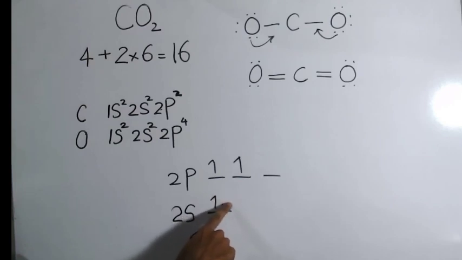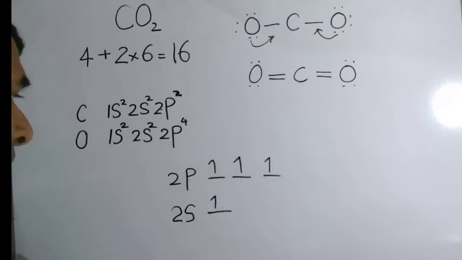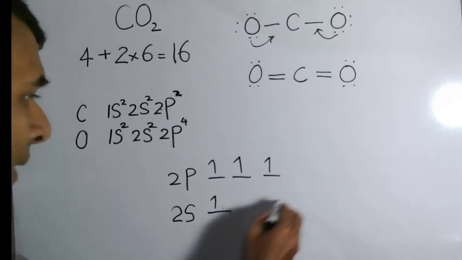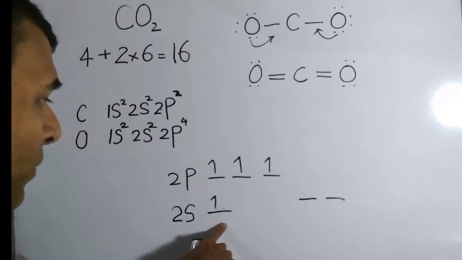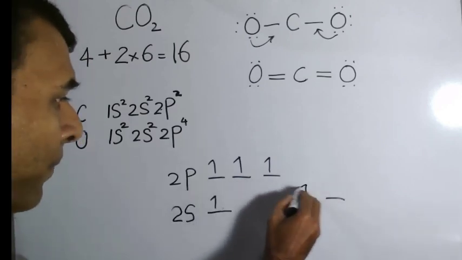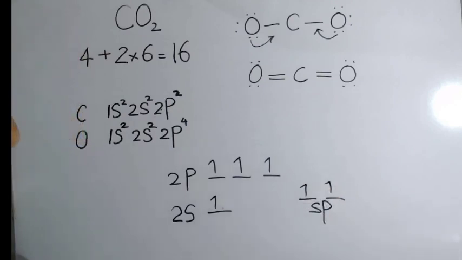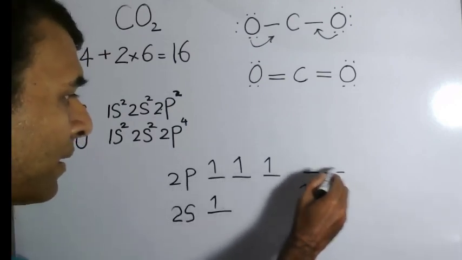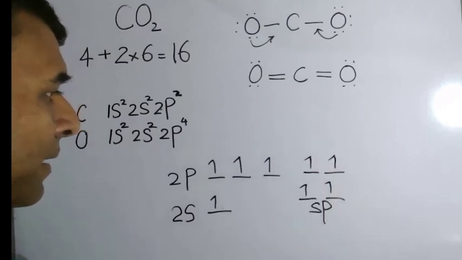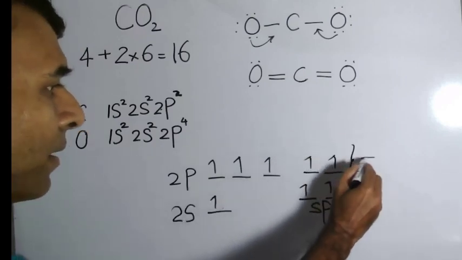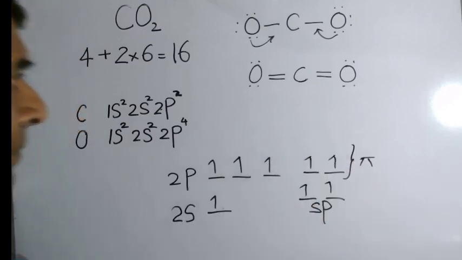I am trying to transfer one of the electrons to the p sub-energy level, and then I will take one from s and one from p. This generates sp hybridized orbitals. The remaining electrons in the p sub-energy level will be used to create pi bonds. Then I can say the hybridization for carbon is sp.